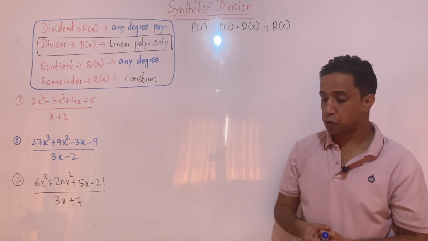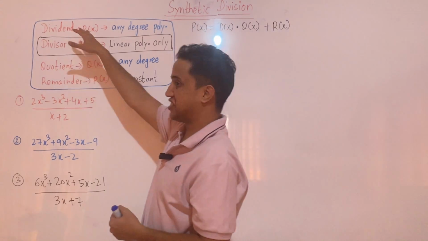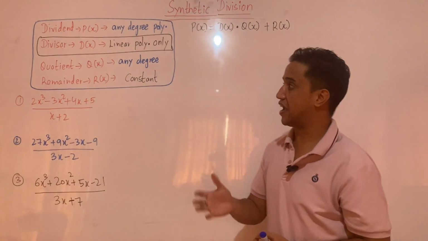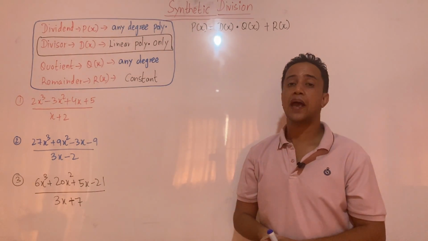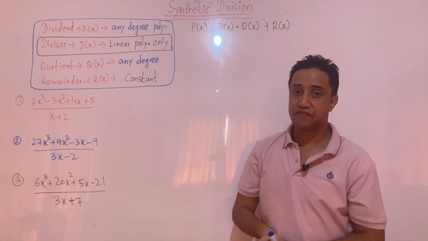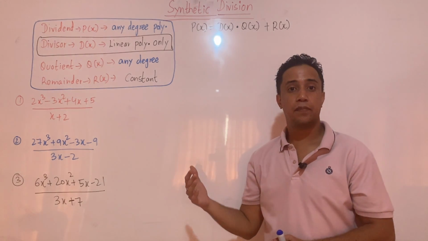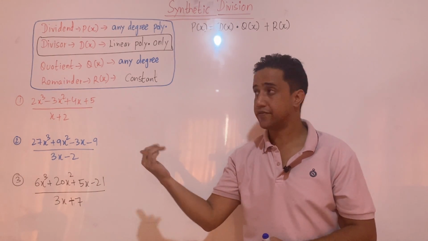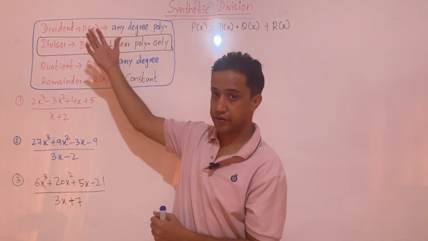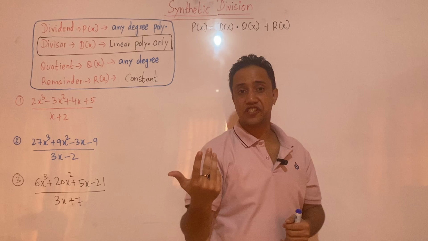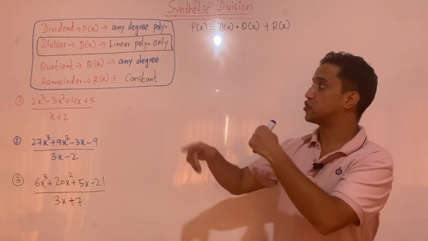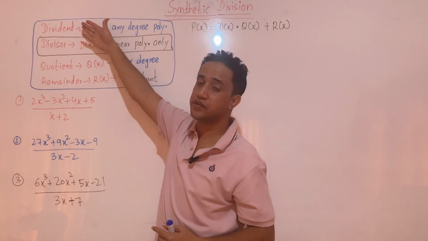In arithmetic division, I would define the dividend as the number that is to be divided. I would define the divisor as the number that will divide the dividend.